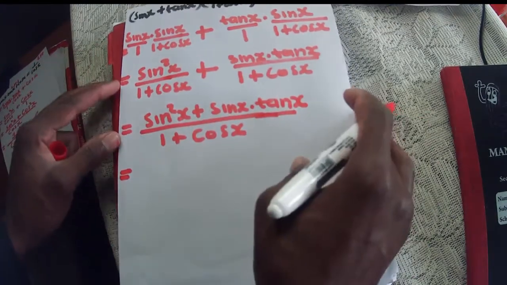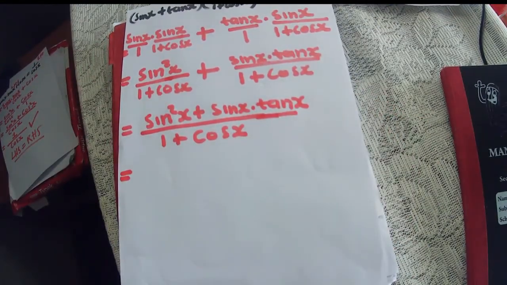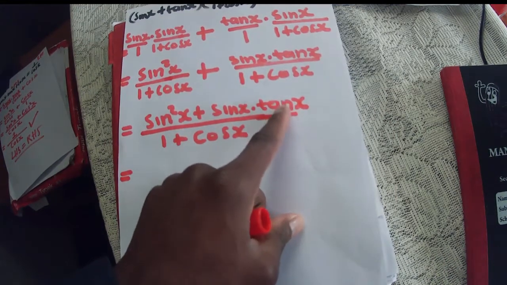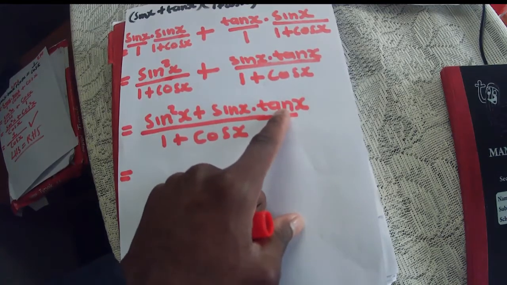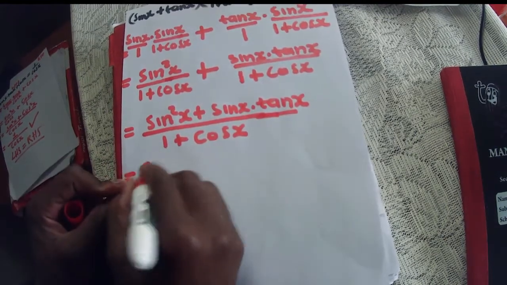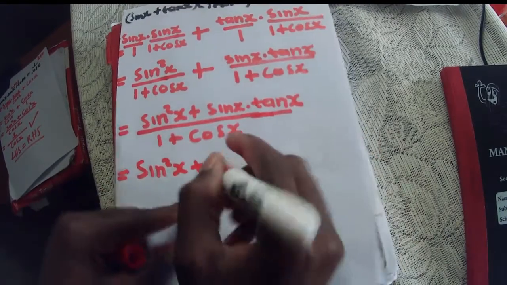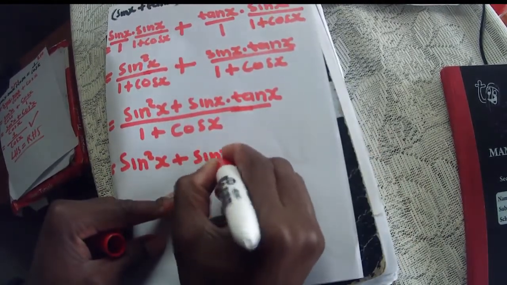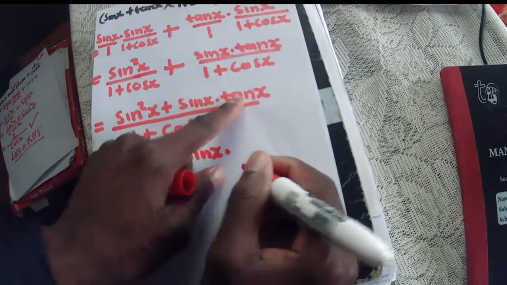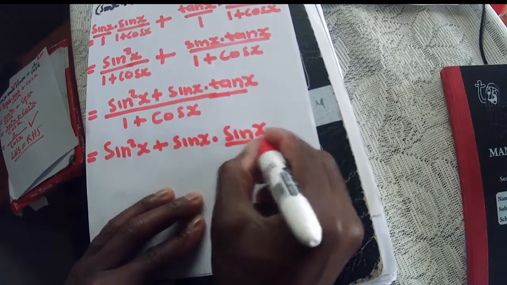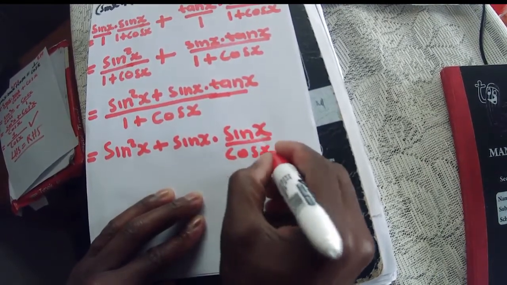All right, wonderful. So what is it that we can do right now? Let us go ahead and change this, the identity of tan x. Let's write the identity. Sine squared x plus sine of x multiplied by, what is the identity of tan x? It is sine of x divided by the cos of x.